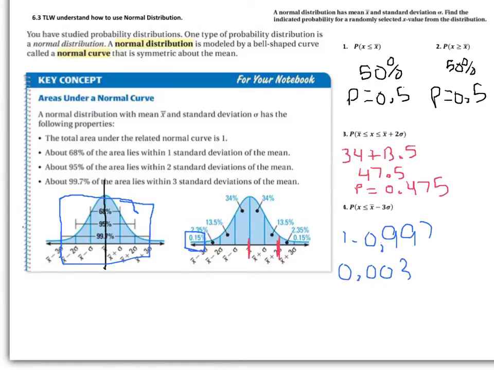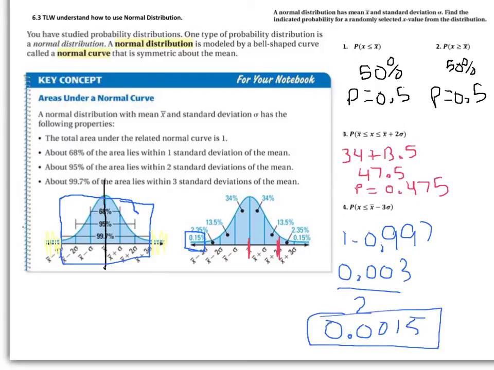But that means for this area and this area. So since it's a normal curve, what we have to do is cut that in half. So you get 0.0015, which is 0.15%. Okay? So there we go.